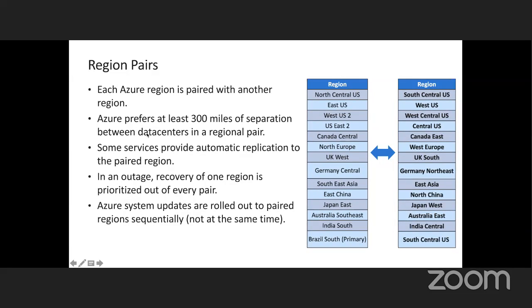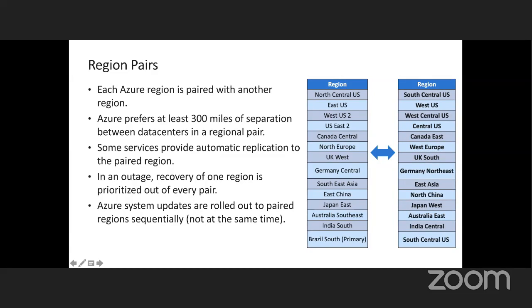So if you have a data center that is 20 miles away from another data center, that might be a problem because the earthquake can be so big that it may affect both data centers. So it's better to play safe here, and have 300 miles apart. So that will guarantee that if one region goes down because of a disaster or something, the other one is so isolated, so far from that region that you can still use it to recover.